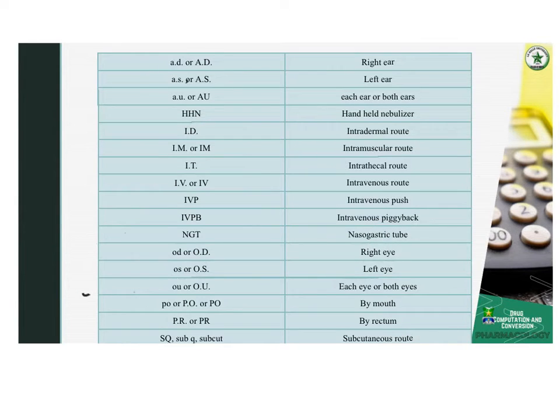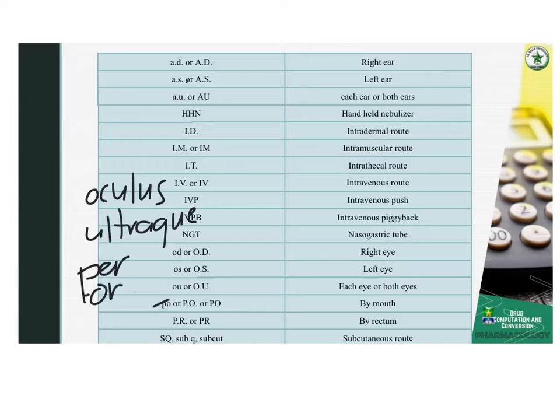Next we have the OU. OU stands for oculus utraque. Next to OU we have PO, per os, or by mouth.